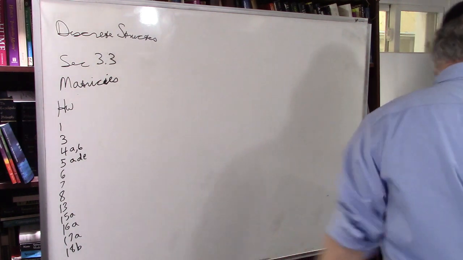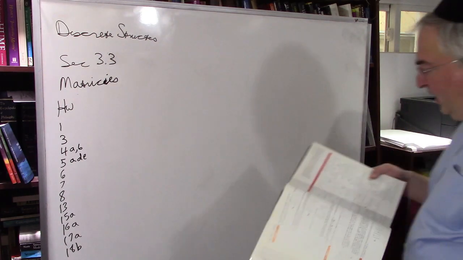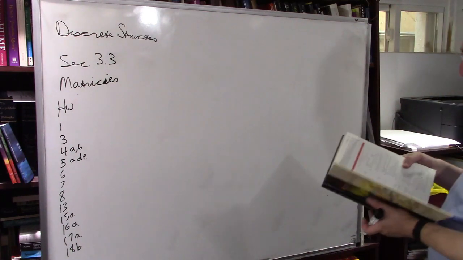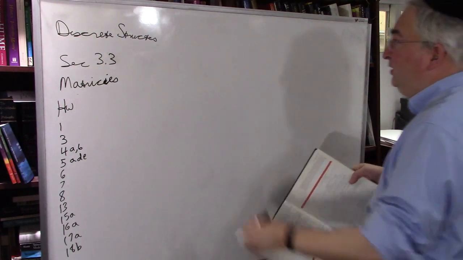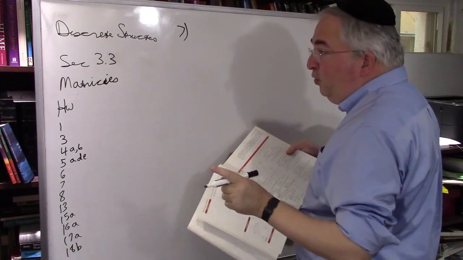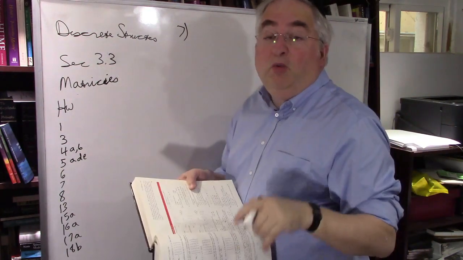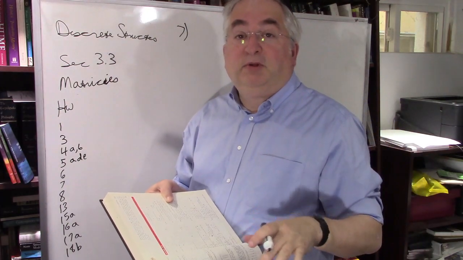Okay, number 7, consider the matrices. Here we have matrix multiplication. We're going to do more matrix multiplication in this video. When we finish section 3.3, we're also going to do section 11.3, which specializes in matrix multiplication.